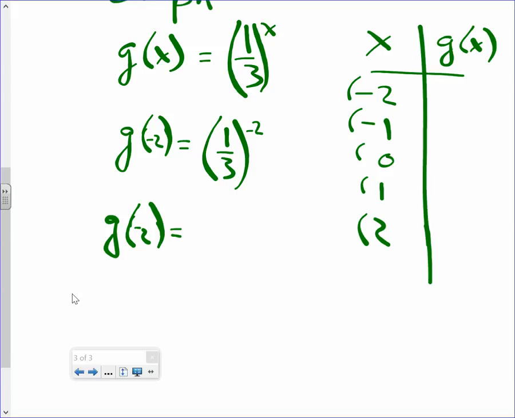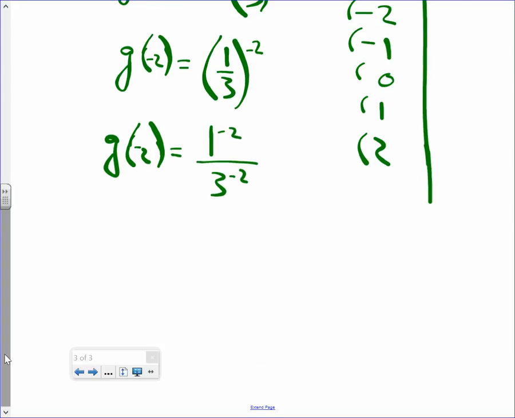I think that was the 7th rule, the power of a quotient. Watch this now. I'll take the 1 to the -2 power, and I'll take the 3 to the -2 power. We're rocking and rolling. Now we'll use a negative exponent rule.